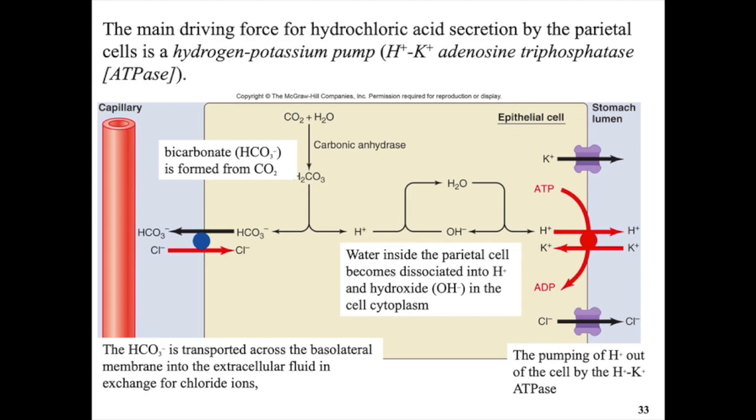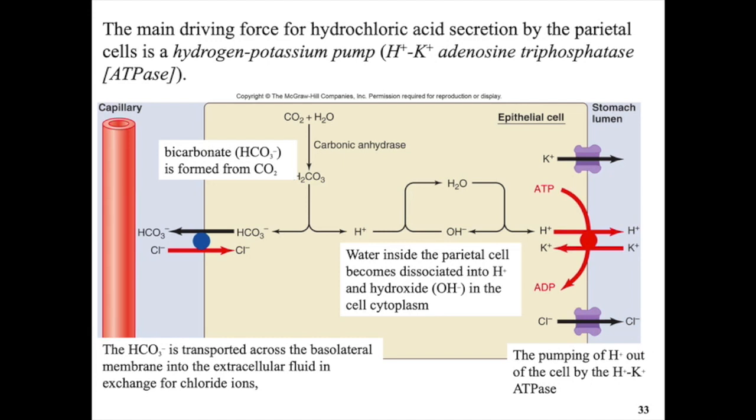So let's look at a picture of a parietal cell, and you see that we have the pump on the lumen side, lumen the inside of a tube, so inside of the stomach, and you see that it's sending protons and also sending chloride. These are the ingredients for hydrochloric acid.